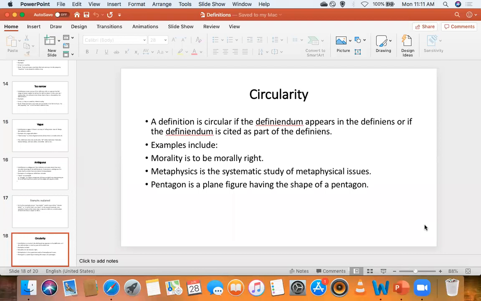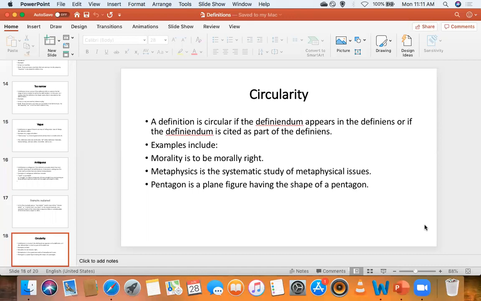Okay, then circularity. A definition is circular if the definiendum appears in the definiens or if the definiendum is cited as part of the definiens. When you are defining a definiendum with the definiendum, then you are committing the error of circularity.